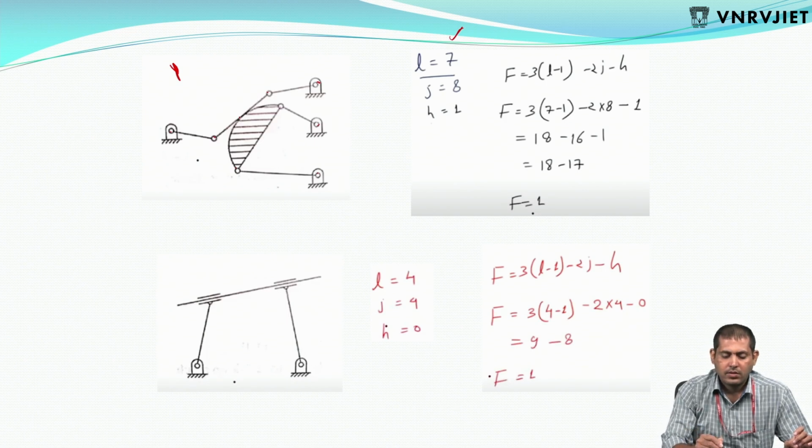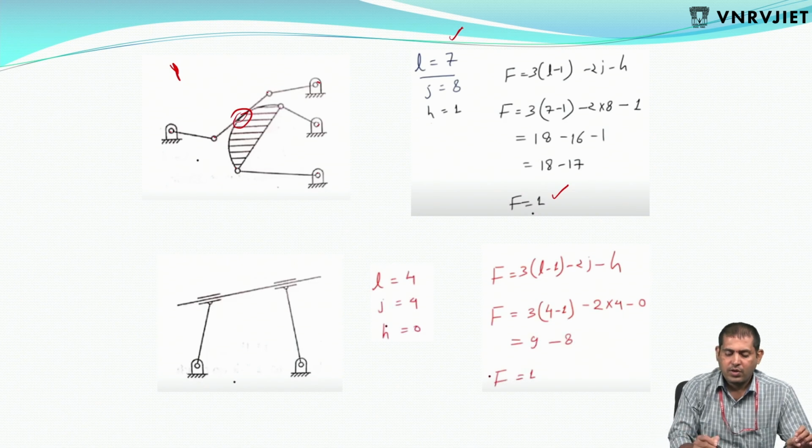Higher pairs. This is a higher pair. This is a higher pair. Now the number of degrees of freedom, F is equal to 3(L minus 1) minus 2J minus H. F is equal to 1. This is a 1 degree of freedom joint.